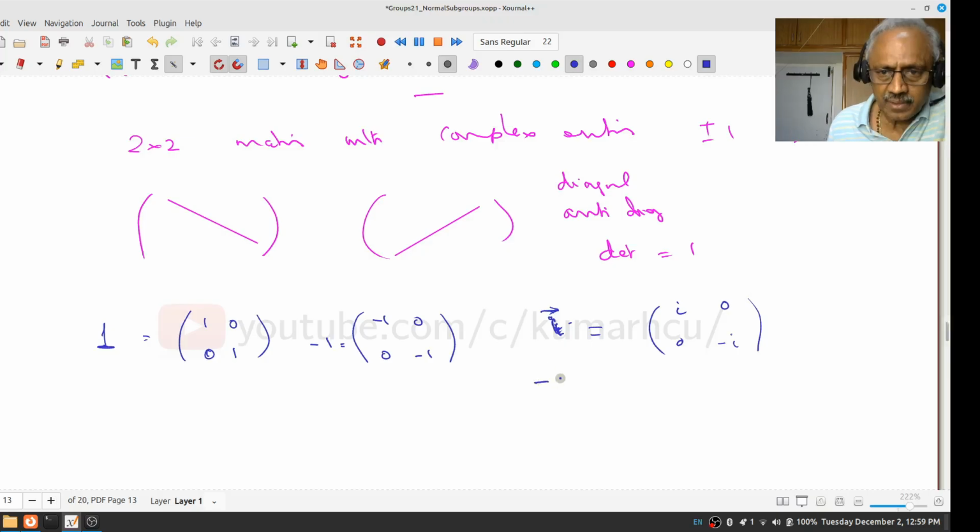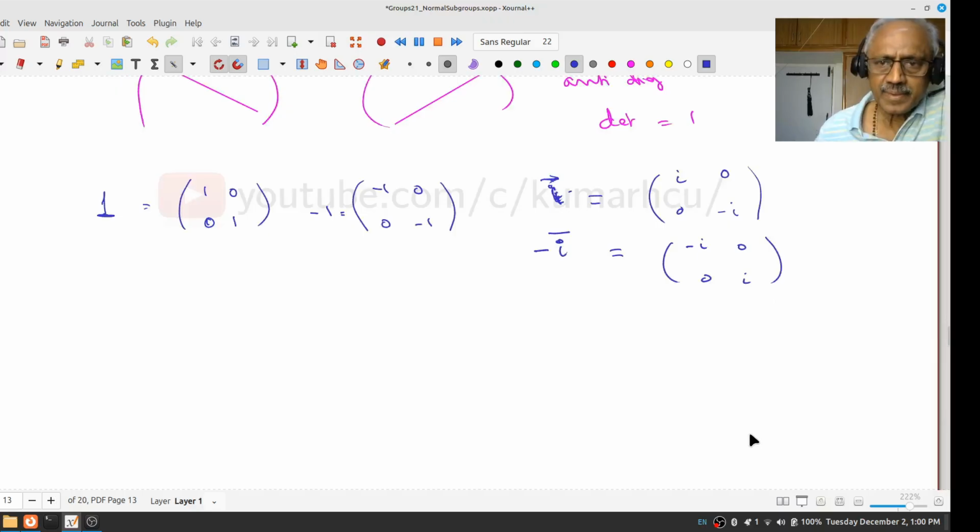Therefore minus i also is there. This will be minus i, 0, 0, i. Next, I have done everything for the diagonal entries.